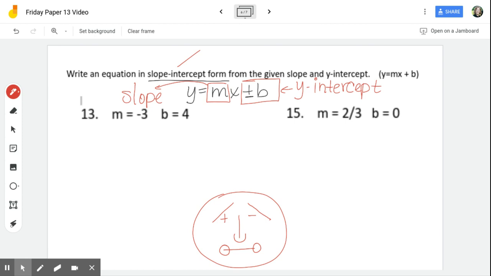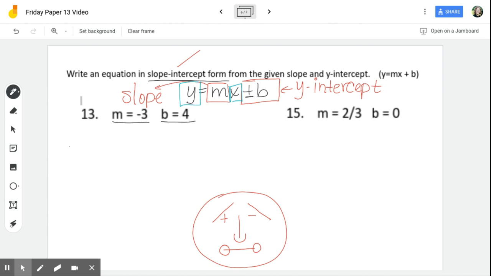Sometimes. All right. In slope-intercept form, the y and the x are simply the ordered pair that you're talking about on that line. So let's take the information that we're given, and we're going to write this using the slope and the y-intercept.